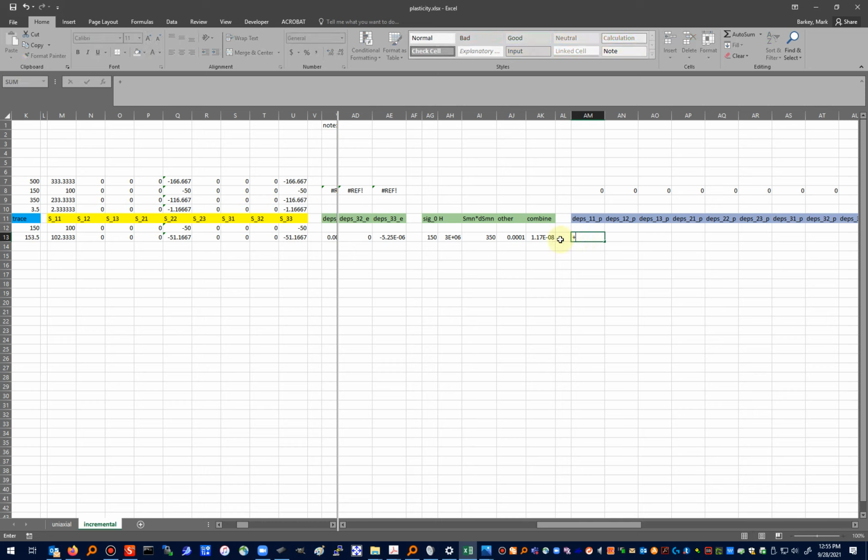So now all I got to do is take this value and I'm going to put a dollar sign on the 13, and I'm going to multiply that by my previous value of S11, and yep, okay.